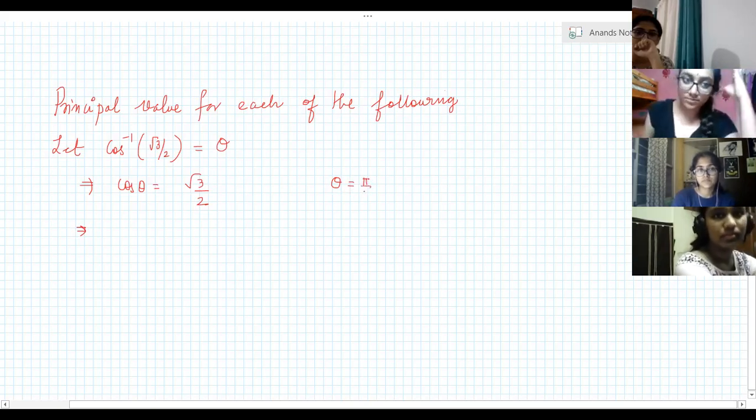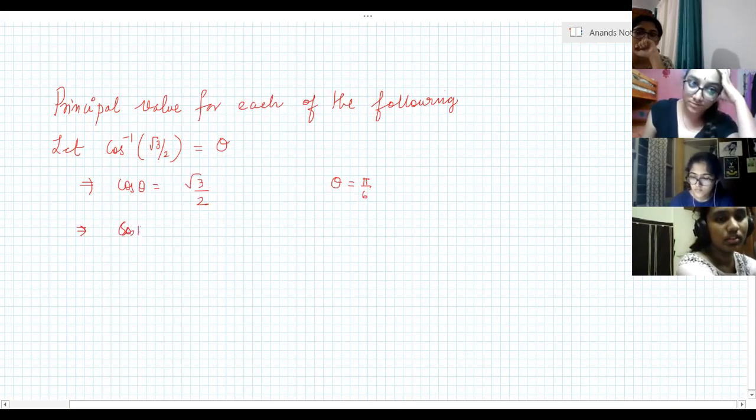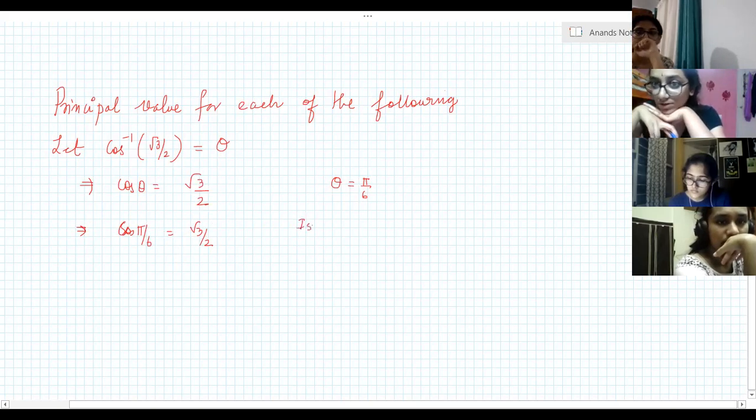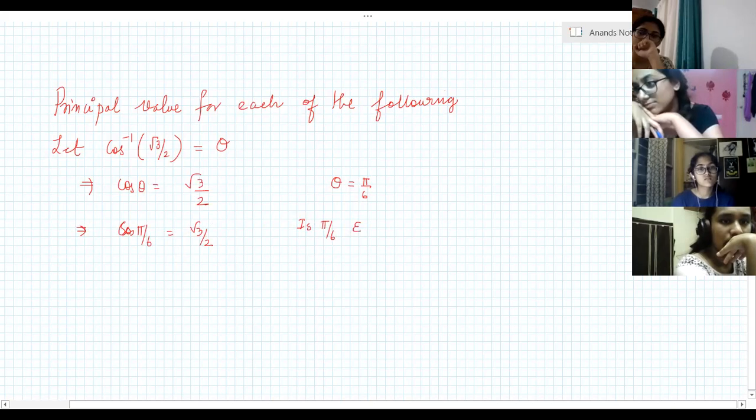Pi by 6. So you say cos pi by 6 is equal to root 3 by 2. Then you have to do the check now. Is pi by 6 belonging to the interval for cos inverse?